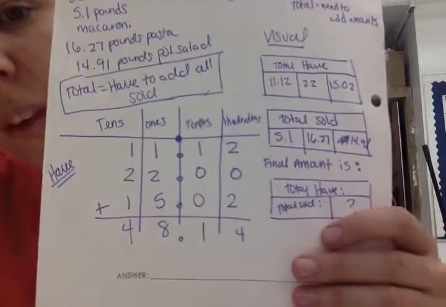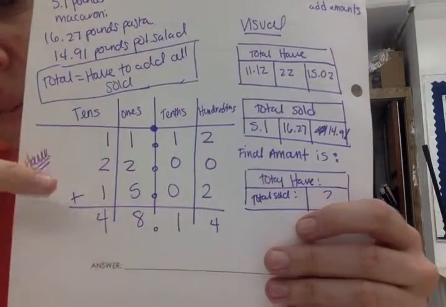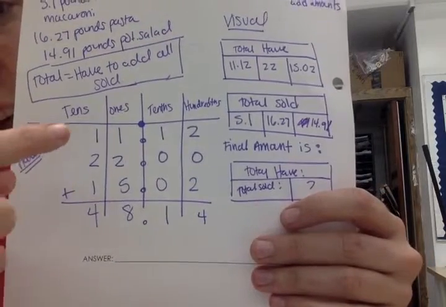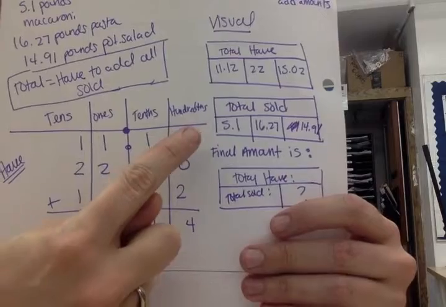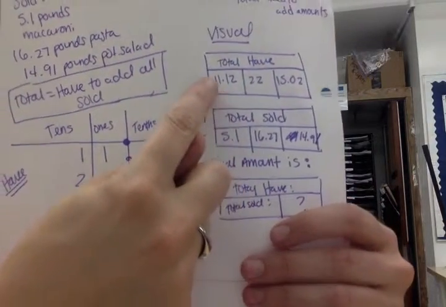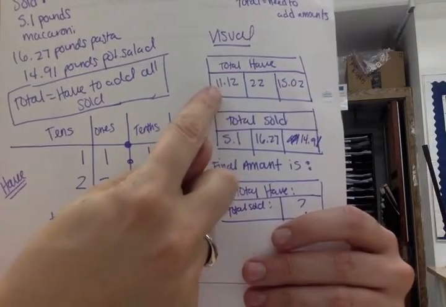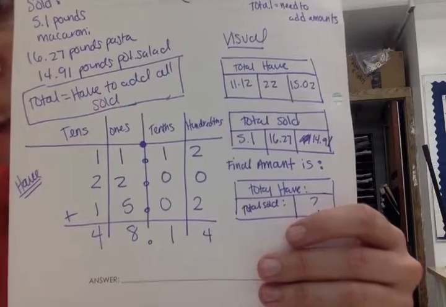Okay, then I need to start with a place value chart to do each of these steps one at a time. I draw a place value chart with tens, ones, tenths, hundredths, all the way to the hundredths place, because none of my numbers go any higher than the tens place, and none go any lower than the hundredths place.